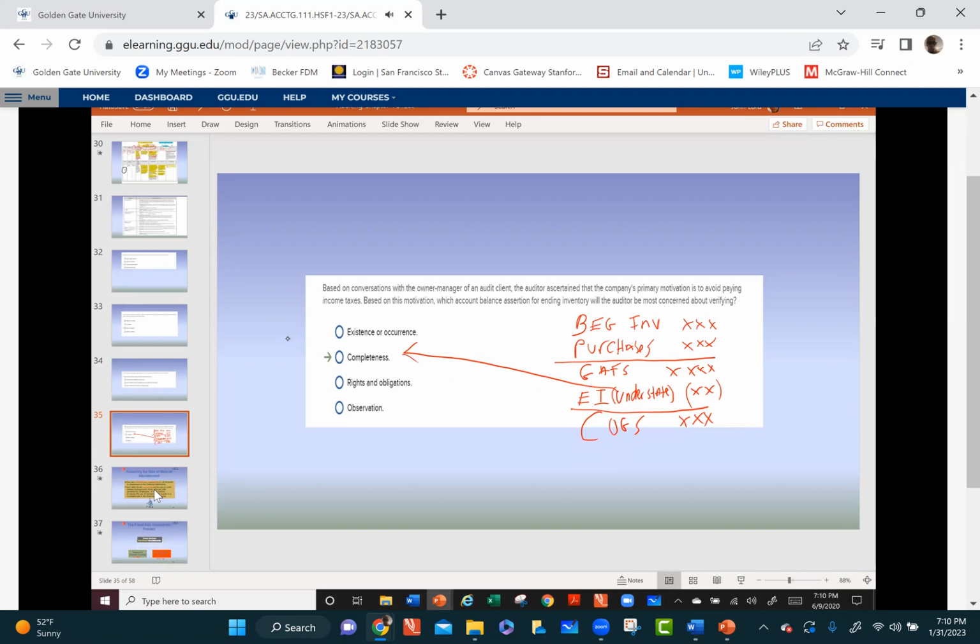Net income is down, less tax. So they've achieved the objective there by understating, by not making their ending inventory complete. They didn't include everything they should have. That made the inventory number too small. That drove up my cost of goods sold. Cost of goods sold goes up, gross profit comes down, net income comes down, taxes come down.